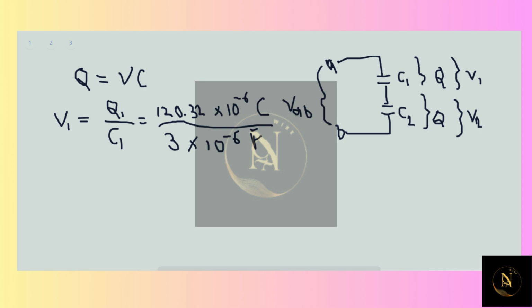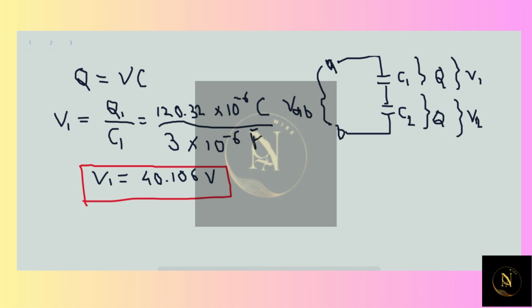Doing this calculation, we'll find that V1 will be equal to 40 volts. So this is the potential difference across the capacitor C1.